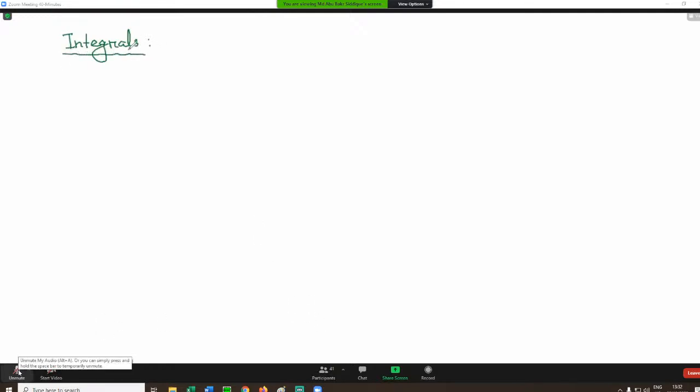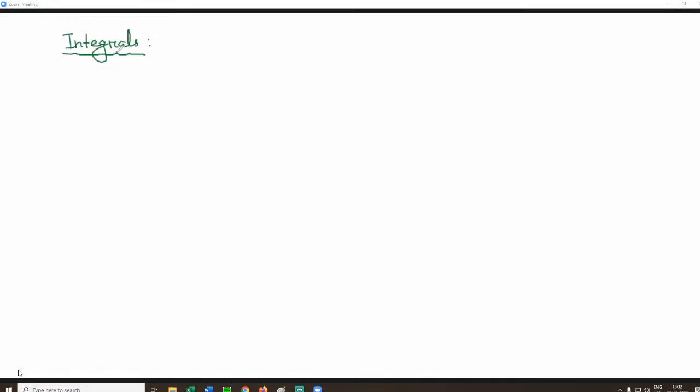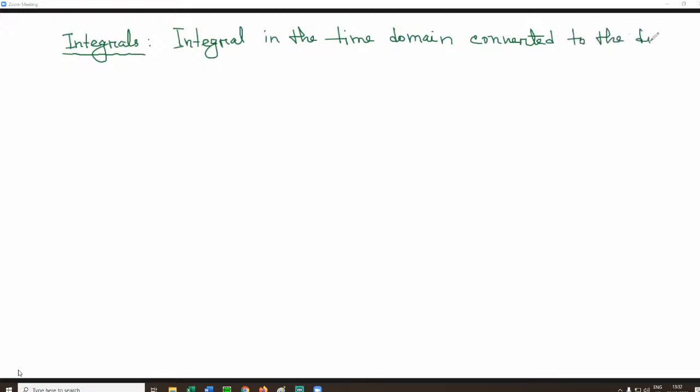Okay, so what is the integral formula? Integral in the time domain is converted to division in the S domain, or frequency domain.